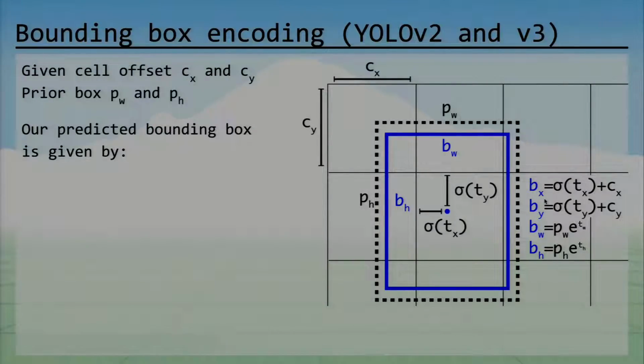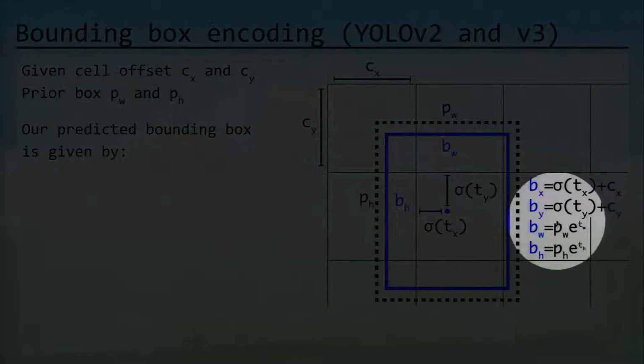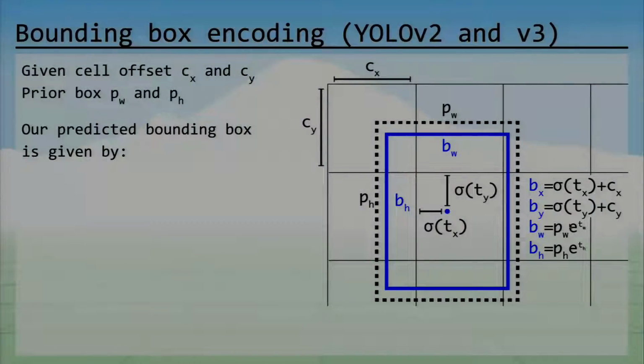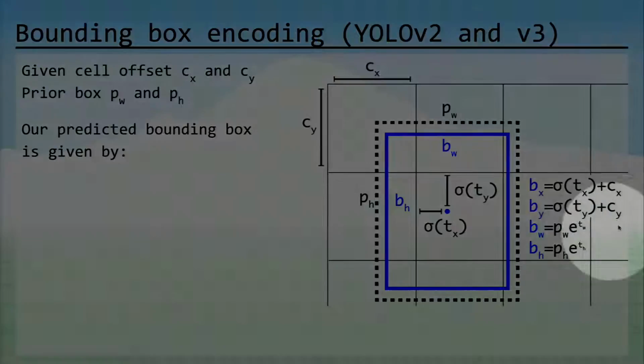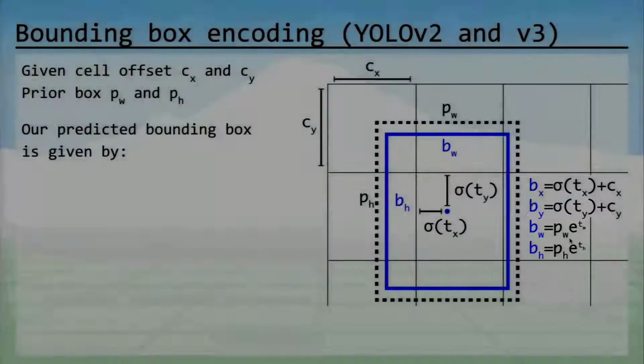But if you actually work through some of the math here, some of these things make sense in terms of why you would want to predict this t width and t height value that you're doing this exponential function on, because you want to scale this prior bounding box by some amount. So you may want to double it in size, or you may want to cut the size in half.